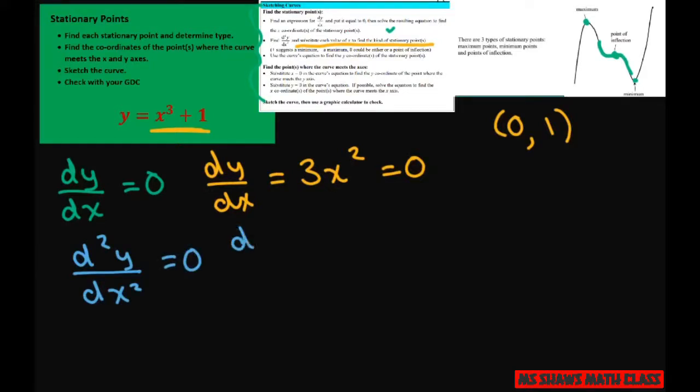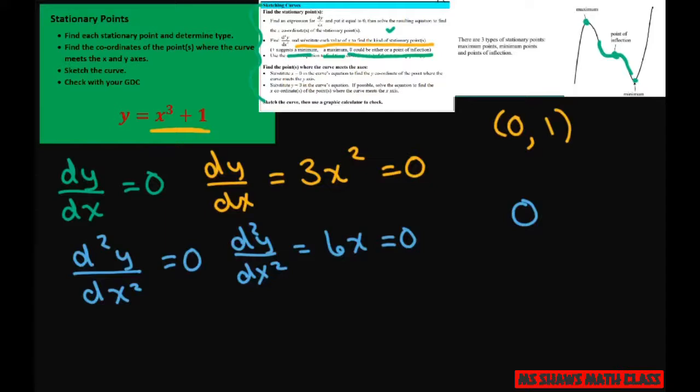Well, the second derivative is 6x. Set it to 0 and we still get 0. Now that's going to tell us if it's 0, it could be either a point of inflection or a minimum or a maximum.